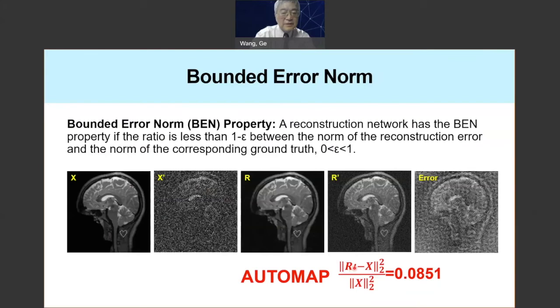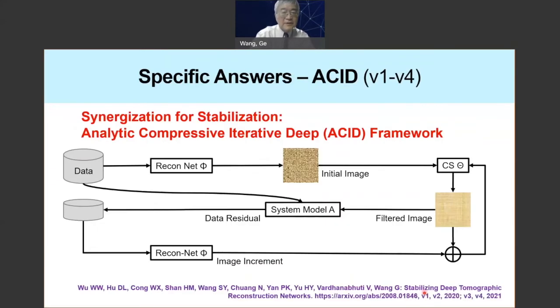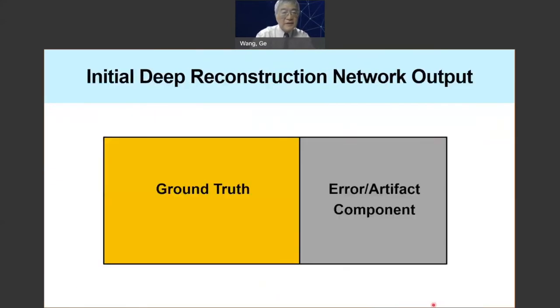So this error term compared to the ground truth is less than 1. We tested all the algorithms in the PNAS paper, the deep networks cited there, so this property is easily satisfied. With this property, we can mathematically prove that this ISAD network converges, and all the details are in the paper.